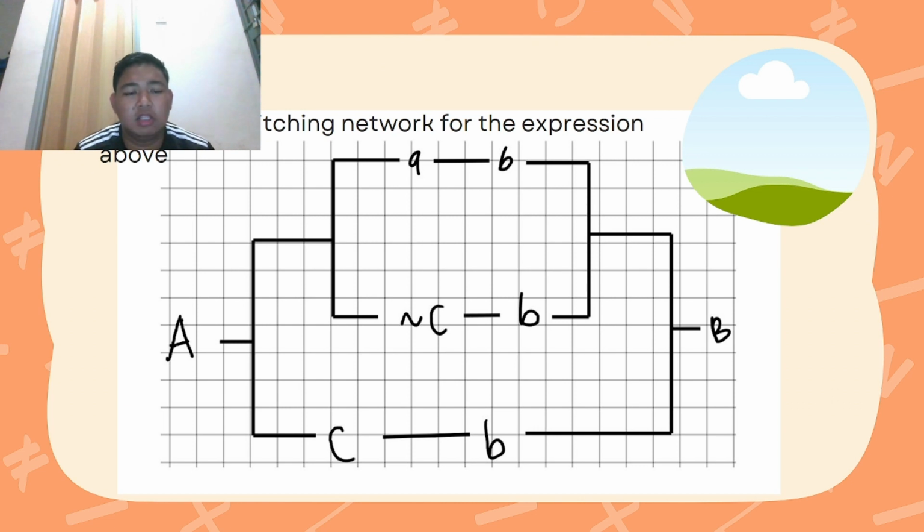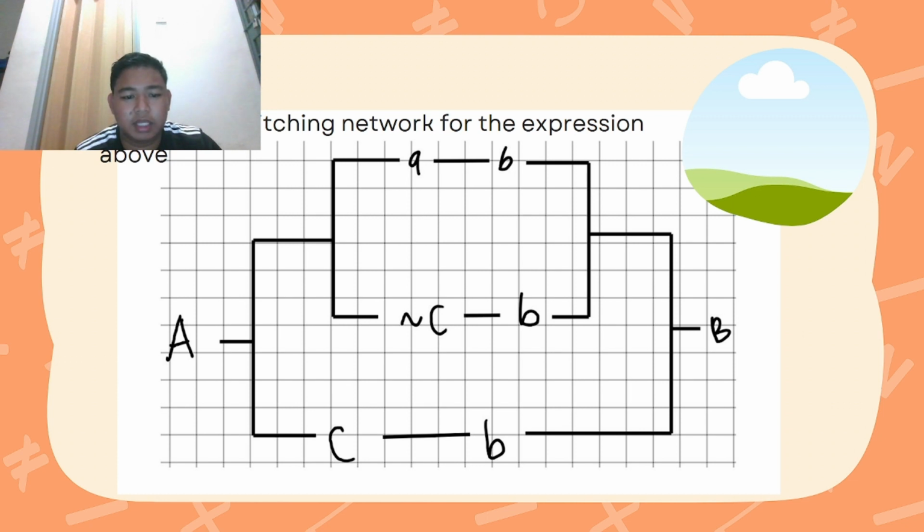The question is to draw the switching network for the expression above. The expression is (A and B) or (negation C and B) or (C and B). Because of A and B or negation C and B at the front, we put both of them at the top one and C and B at the bottom one.